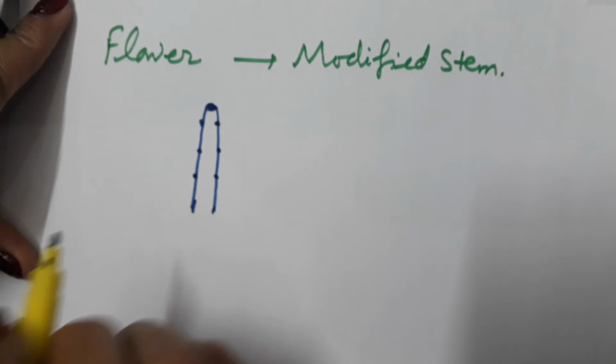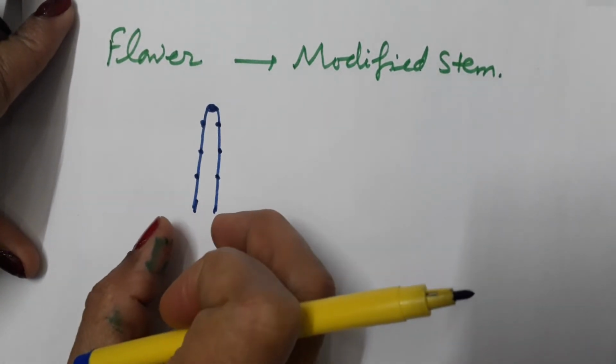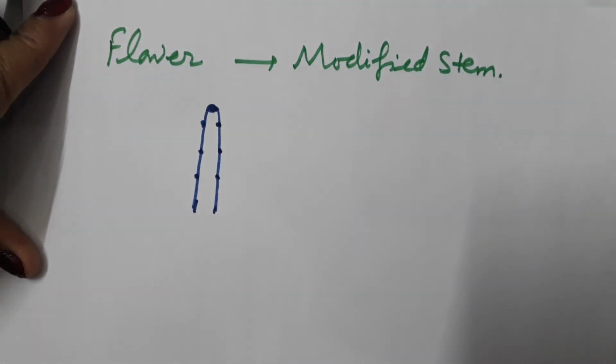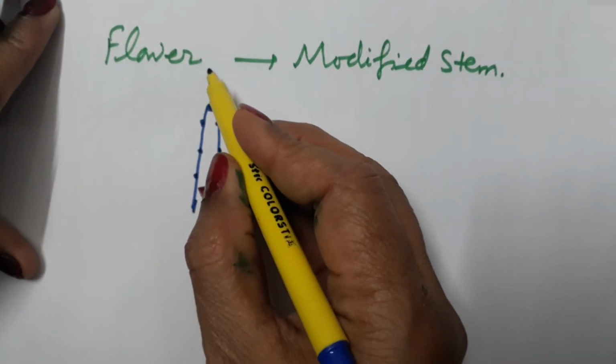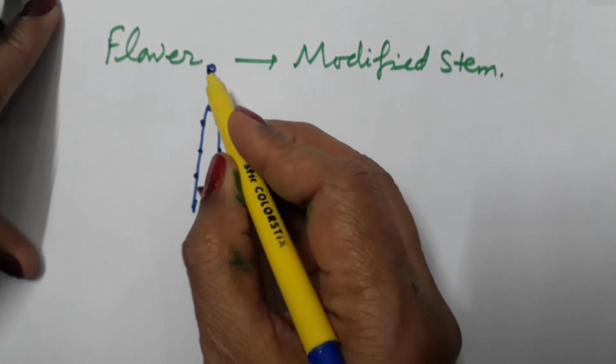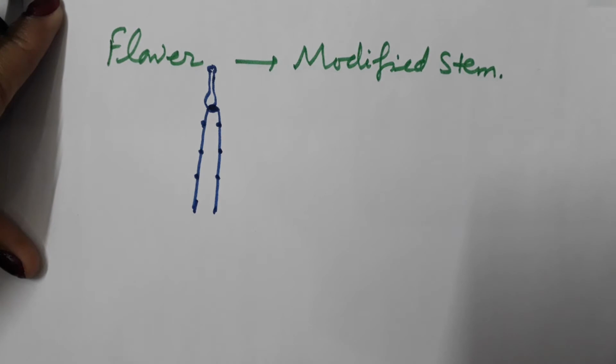When vegetative phase is completed, vegetative apex of the stem is converted into reproductive apex and it starts producing floral leaves. This is the central part or apical part. Here the pistil is produced, that is the carpel made up of stigma, style and ovary.